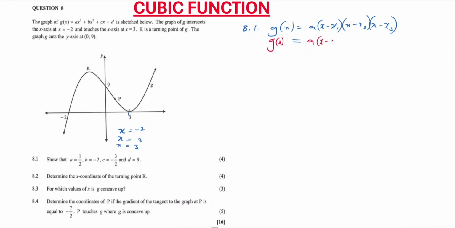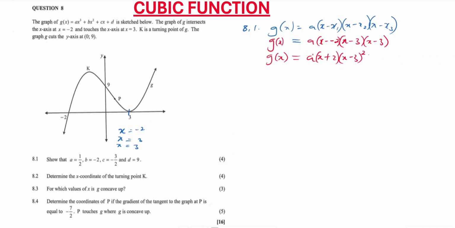Our x1 is -2, so that is x minus -2, then x2 is 3, so x - 3, then x - 3 again. So g(x) = a(x + 2)(x - 3)(x - 3), which I can say is a(x + 2)(x - 3) squared.